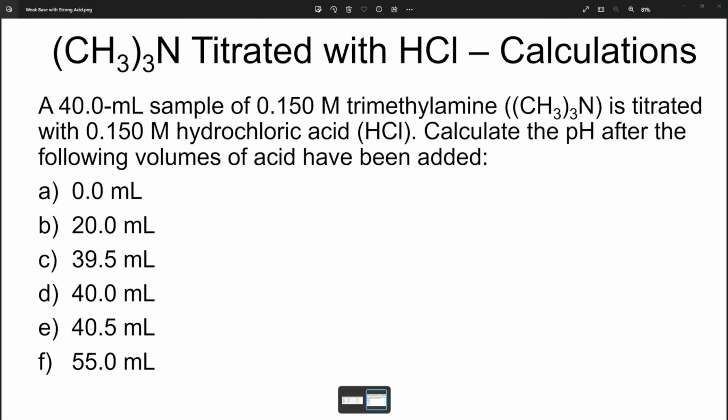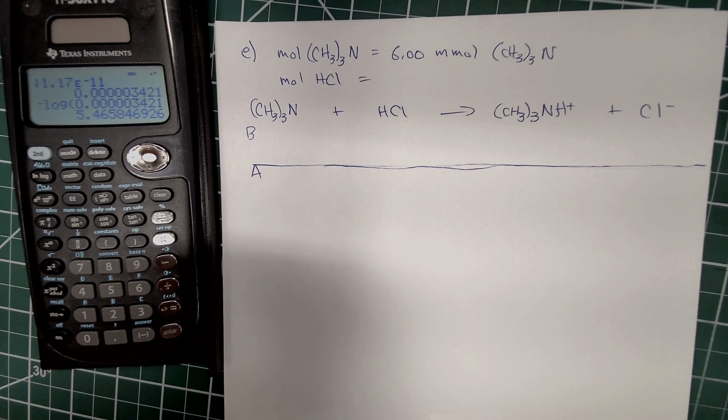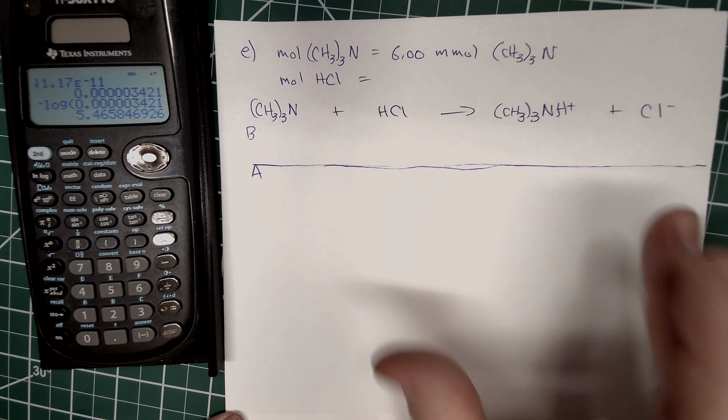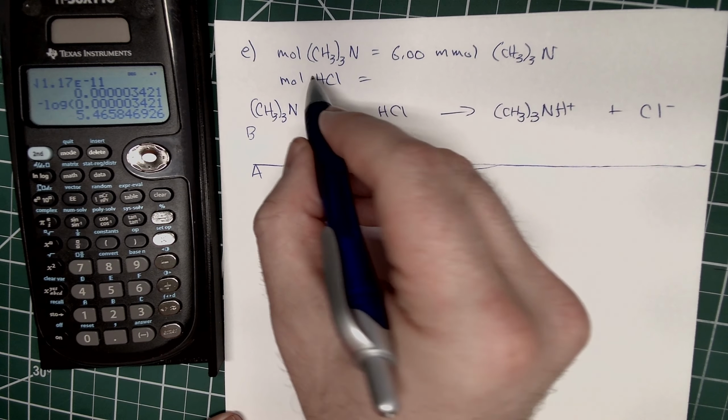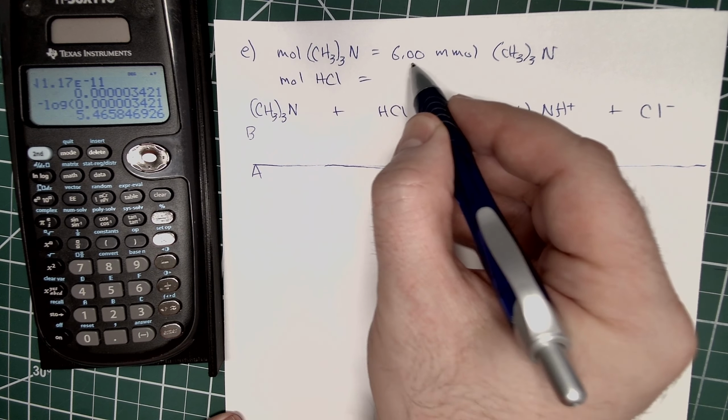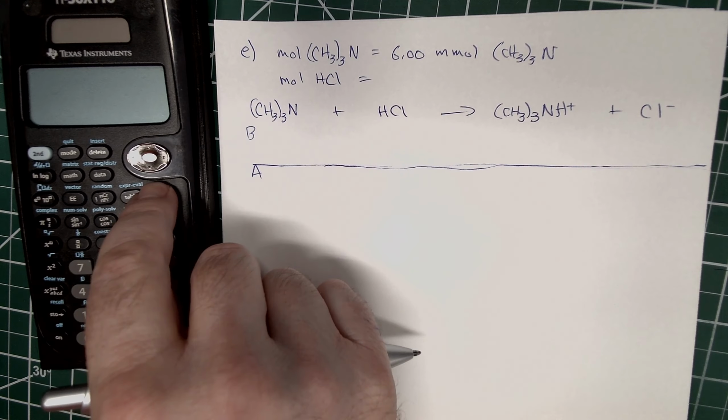All right, so before we do that, just to show you where we're at, 40.5 milliliters, so we're going to use that number. I'll come back over here. I've already written out some stuff, again, to save a little bit of time on this video. So our moles of trimethylamine are 6.00.